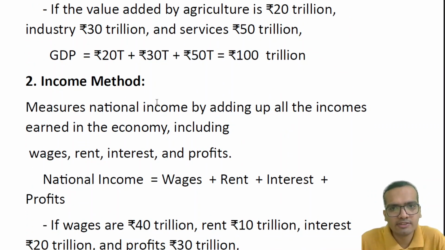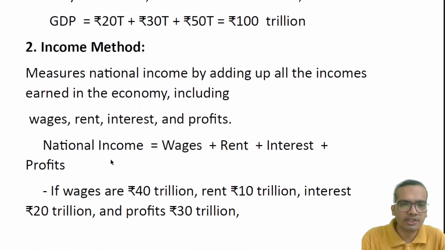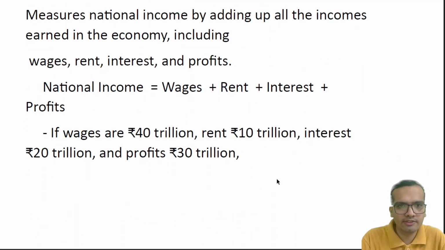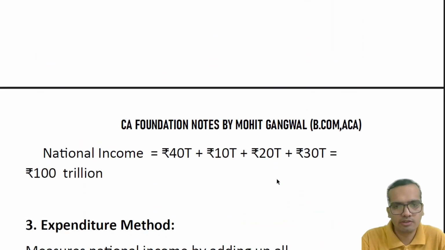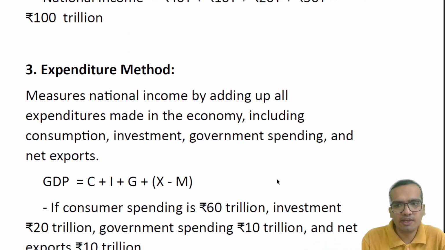It measures national income by adding up all the incomes earned in the economy, including wages, rent, interest and profit. If wages are 40 trillion, rent is 10 trillion, interest is 20 trillion and profit is 30 trillion, national income would be the sum of all these, that is 100 trillion.